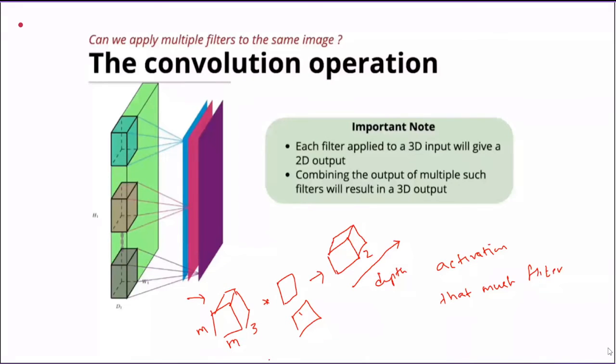If you increase the number of filters, suppose the number of filters is k, then you will have k channels in the output activation map.